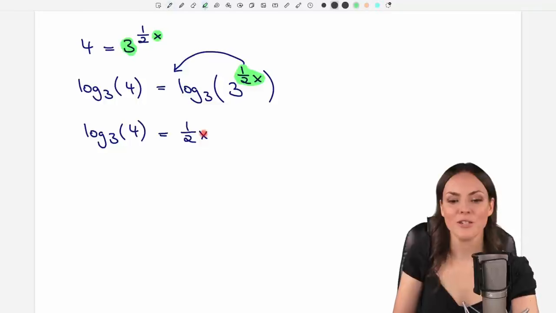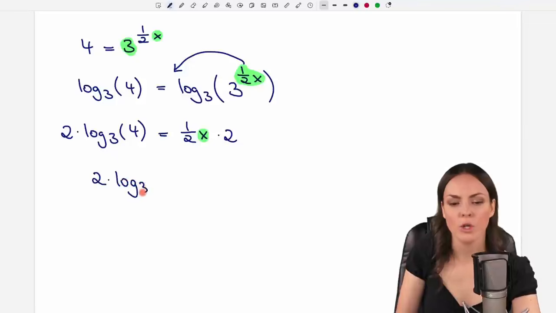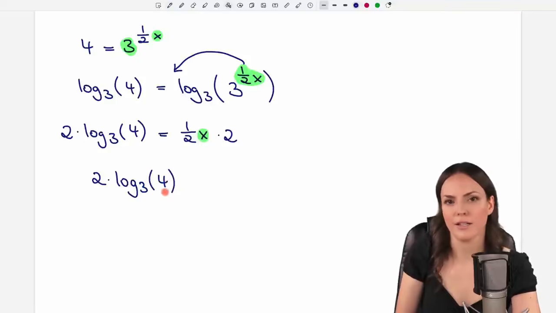And to solve this equation for x now, I just have to get rid of the 1 over 2 here. So I can just multiply both sides of the equation by 2. So here times 2 and here times 2. On the left side, I have this number here. Don't worry that we still have this log here. We don't have a calculator anyway, so we can't calculate this.